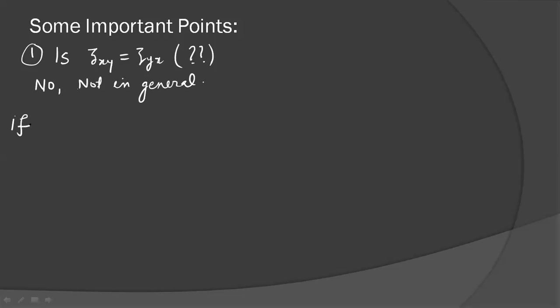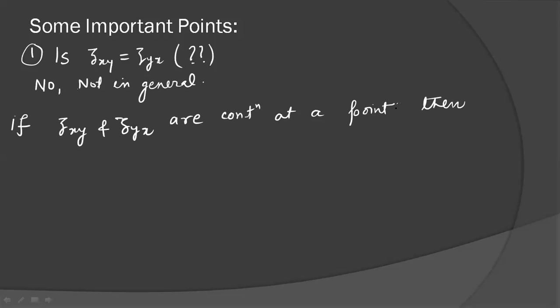If zxy and zyx are continuous at a point, suppose the point is (x, y), then zxy equals zyx.